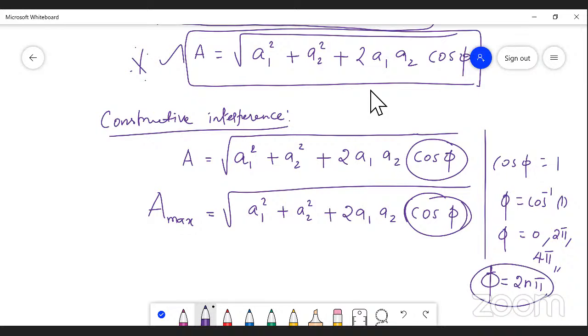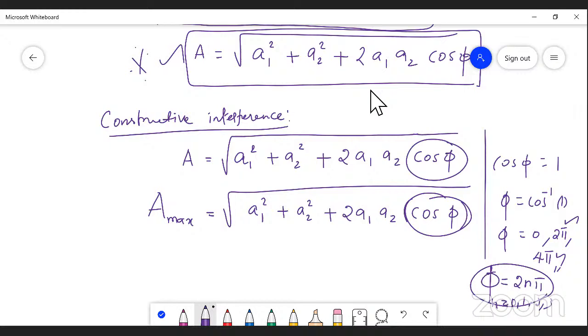If phi is equal to 2n pi, with n an integer, n is equal to 0, 1, 2, 3. If n is 0, phi is 0. If n is 1, substituting gives 2 pi. If n is 2, 2 into 2, 4 pi. For 3, 6 pi. So phi is equal to 0, 2 pi, 4 pi and 6 pi.